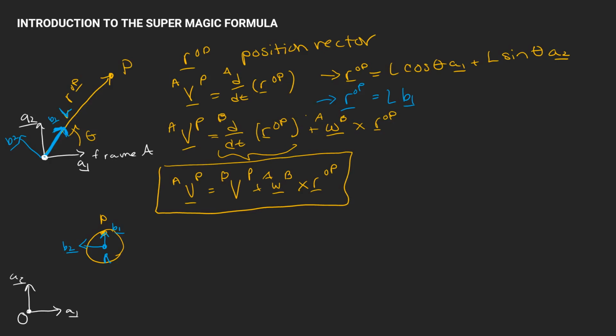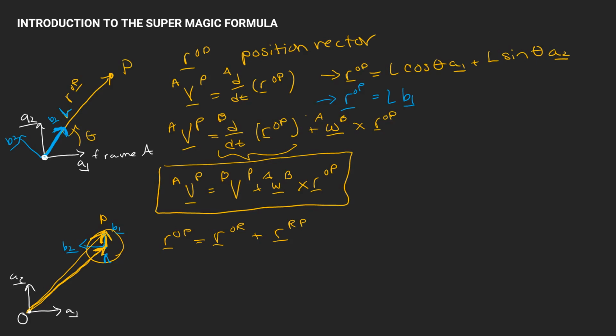So just to say that again, we have our position vector ROP. That's our vector of interest. And we get ROP by summing these two vectors here. So that's ROR plus RRP.